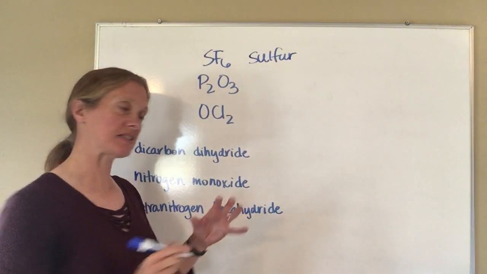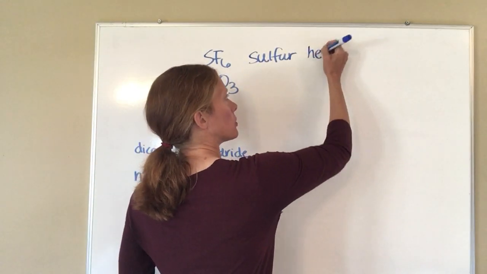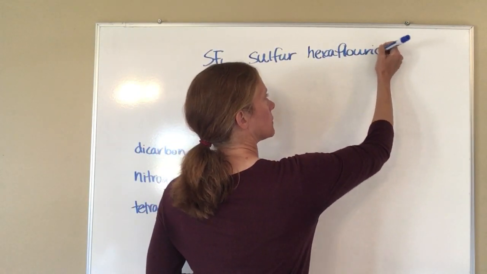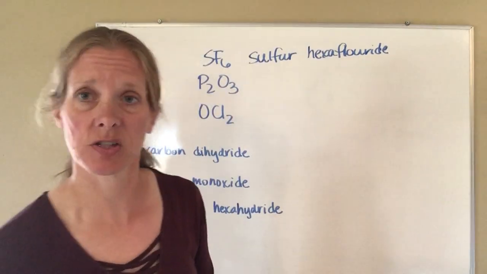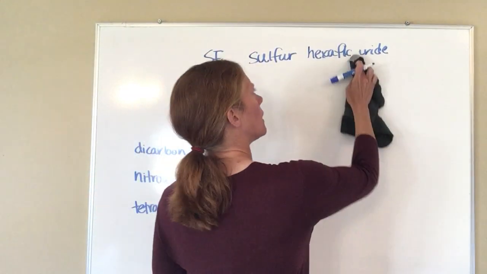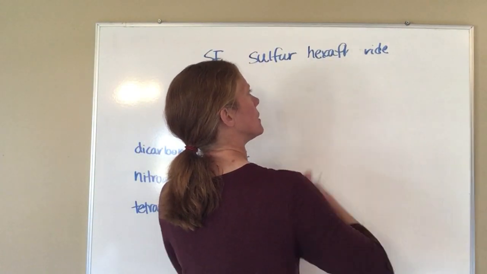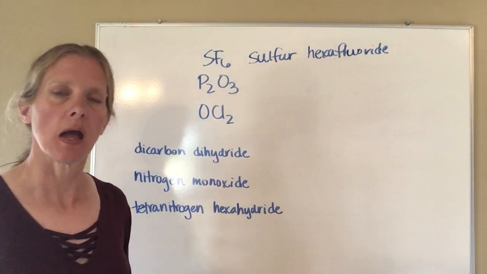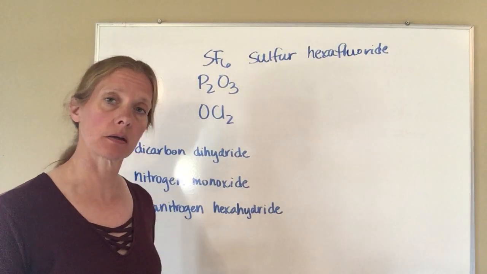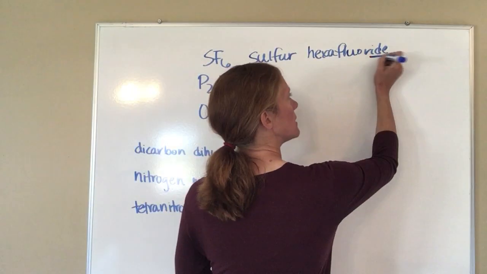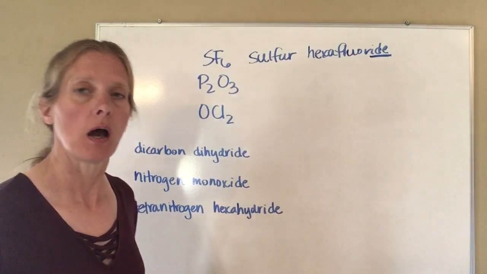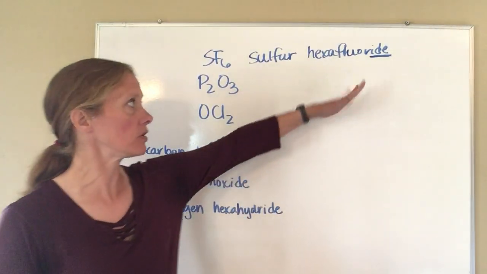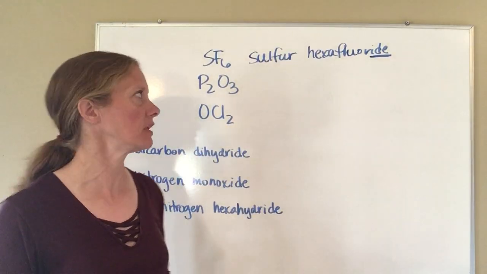The prefix that means 6 is hexa, so it's going to be hexafluoride. And I just did what I told you not to do. I misspelled the word fluoride because the U is supposed to come first: F-L-U-O-R-I-D-E. And just like when we named ionic compounds, we're always going to end these in an IDE, not because it's got a negative charge, but just because that's the way that you name the compound. You stick an IDE on the end of it.